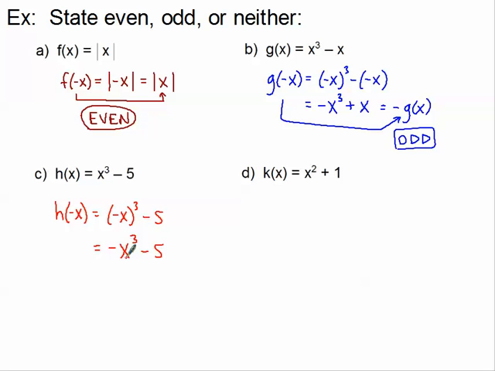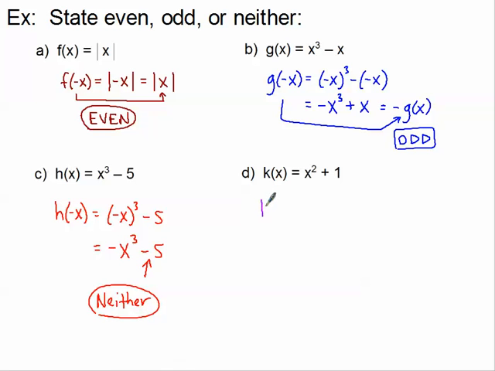It went from a positive to a negative, but the second term did not. So since part of it changed, but the other part did not, this is not even, but it also is not odd. So this is one that would be neither. Either all terms need to stay exactly the same, or all terms need to be exactly the opposite. And if that does not happen, then it's going to be a neither case.